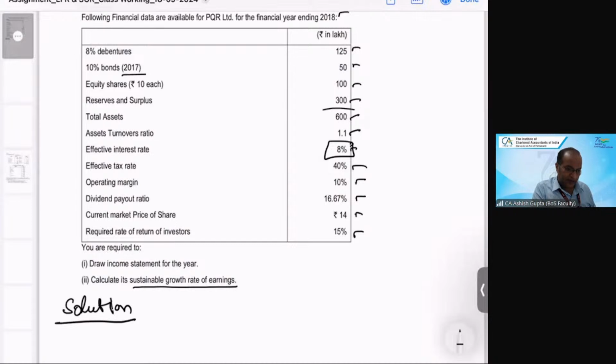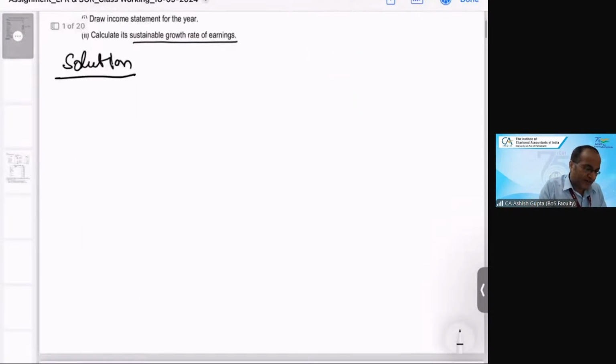This is total assets, and this is the asset turnover ratio. So we shall use these figures to compute the sales figure, because this is the prerequisite for computing the sales. Now let us start preparing it.